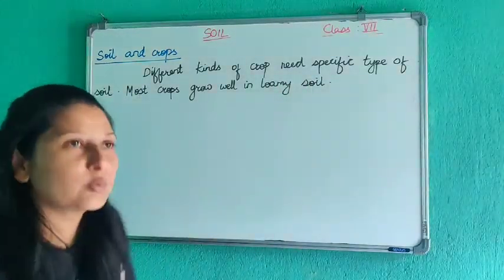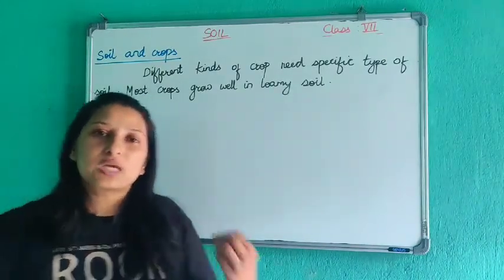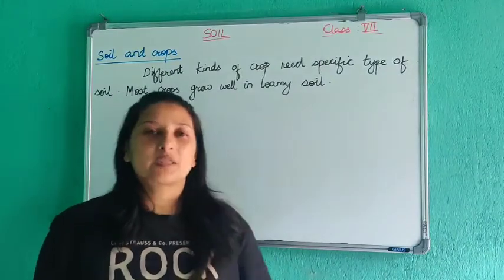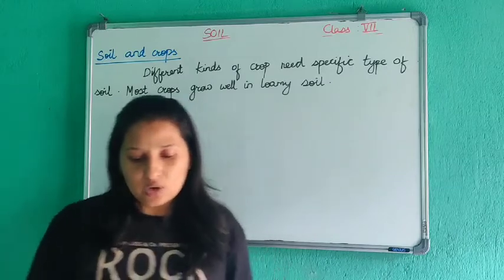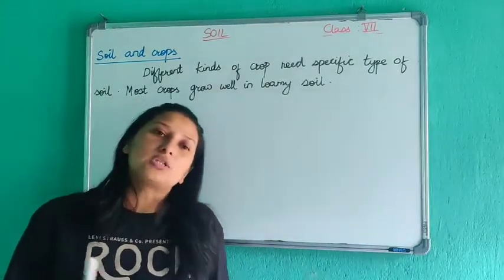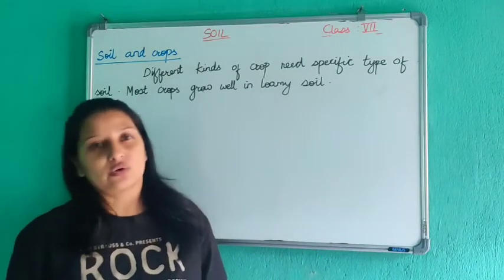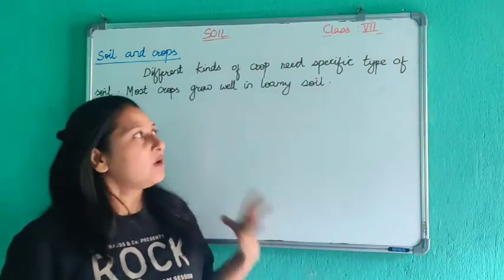So in places where there is sandy soil and clay soil, farmers grow such crops that can adapt to that soil. In such places, farmers plant crops that can grow well in sandy soil or in clay soil.